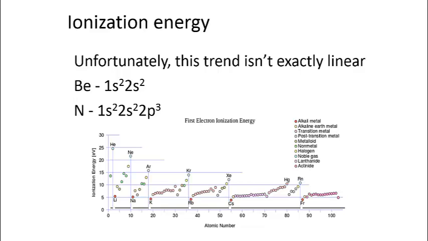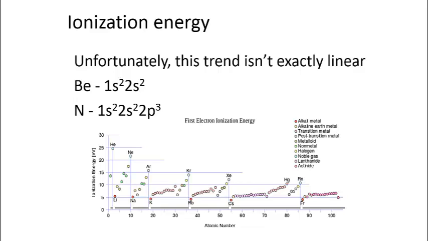In moving across period 2 of the periodic table from left to right, you expect to see an increase in ionization energy moving from each element between lithium all the way to neon. Unfortunately, this trend is not exactly linear, meaning they don't increase evenly between each element.